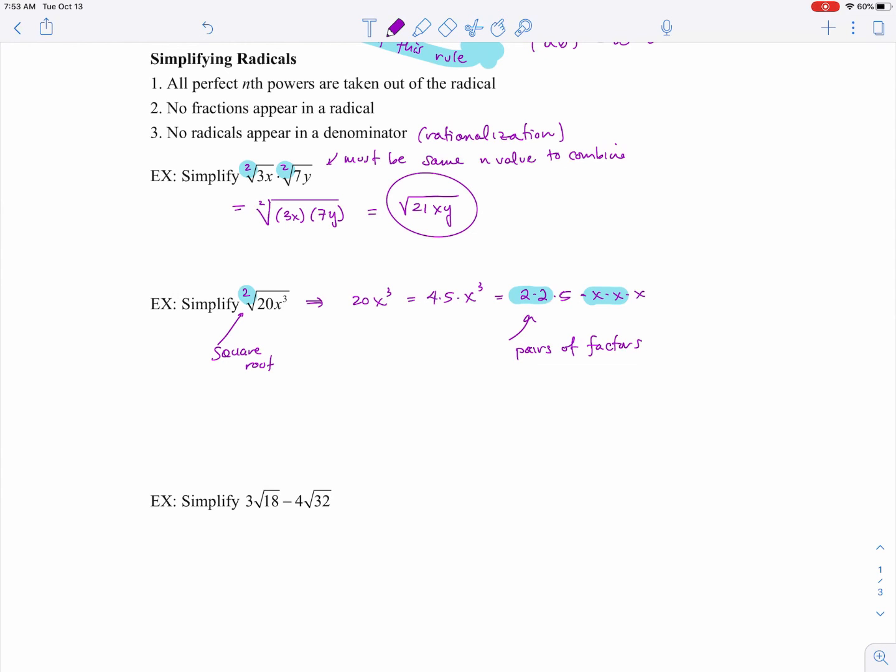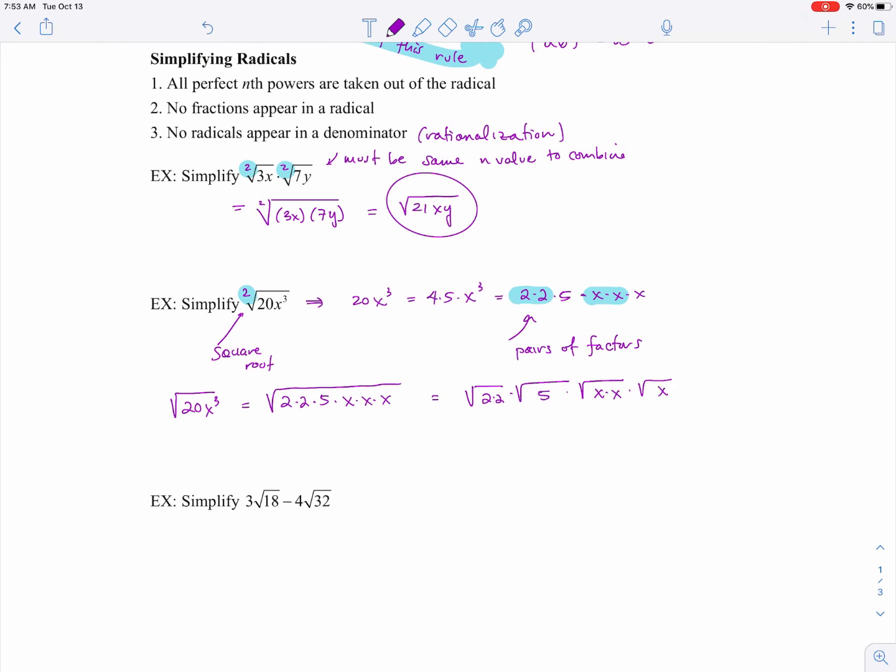So what this means is the square root of 20x cubed is equal to the square root of 2 times 2 times 5 times x times x times x, which is the square root of 2 times 2 times the square root of 5 times the square root of x times x times the square root of x.